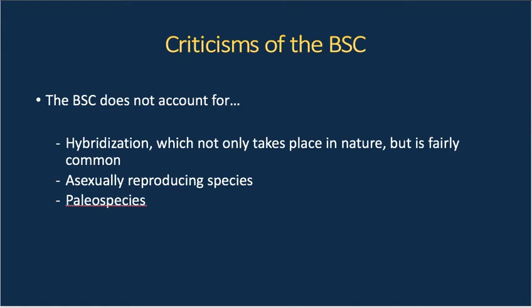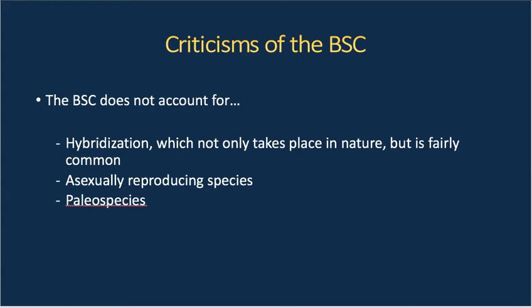Hybridization takes place in nature pretty frequently in animals and all the time in plants. So it's something that is a confounding variable for the biological species concept. An example of hybridization: it's a pretty widely held opinion that wolves and coyotes are different species. But wolves and coyotes can mate with each other and produce completely viable offspring. Same goes for dogs and wolves and coyotes and dogs, etc. There's a lot of potential for hybridization there.